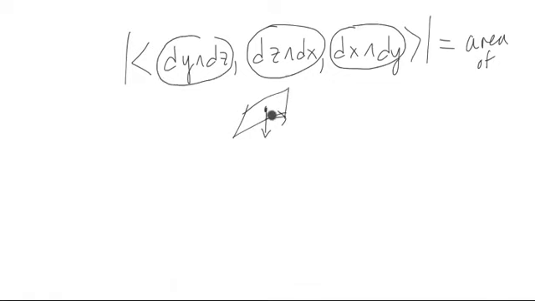Now the actual area of the parallelogram turns out to be the magnitude of this vector of areal projections. Why is that? Let's talk about that. First of all, let's take this little piece of the surface, think of it as a flat parallelogram. If we're up close, we can think of it like that, as sitting in its tangent plane of the surface itself.